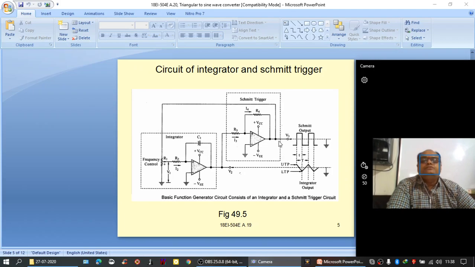Second op amp output also would be high. So naturally, this Schmitt trigger output, that is the second operational amplifier output, is connected as input to the integrator circuit through a potentiometer.